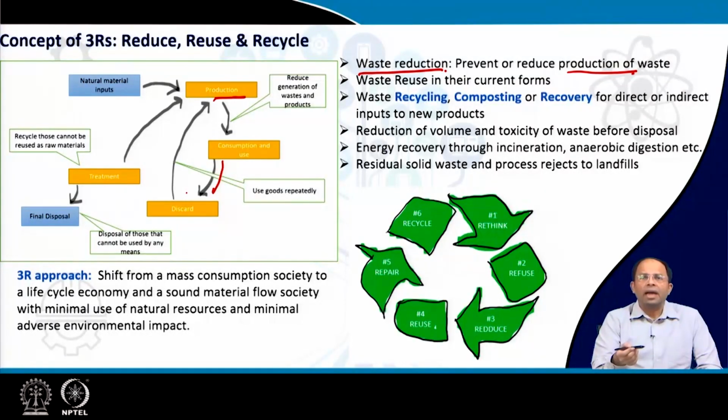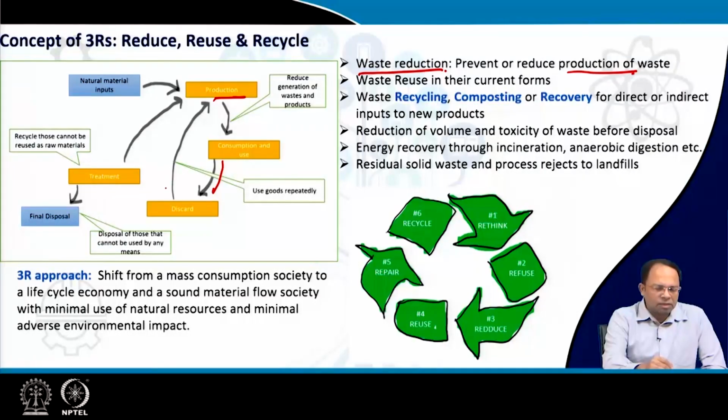That means when you sell a car and then it is being bought by another person and used again, then it's a reuse of that particular product, right? So that means instead of production, we are again going back to the same point where it is being consumed, right? So once it is discarded, then after that, if we cannot reuse it, then we should definitely think about doing something about it.